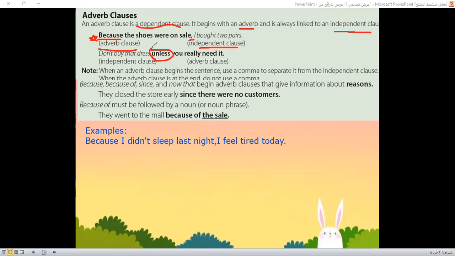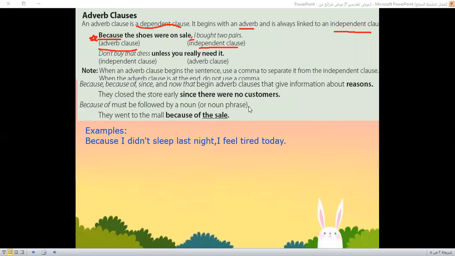Yes, very good, Rima. Thank you so much. Unless here means except. So he's saying, don't buy that dress unless you really need it. If you really need it, then yes, you have to buy the dress. Okay, so this is the meaning of unless.